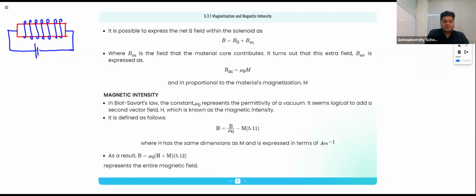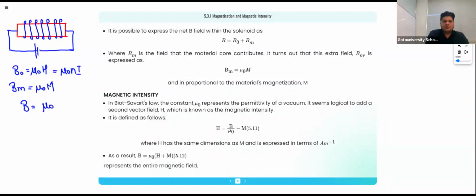So in the free space, B naught is equal to mu naught H, and mu naught H will be nI, and inside it will be Bm is equal to mu naught M. What about the total field?